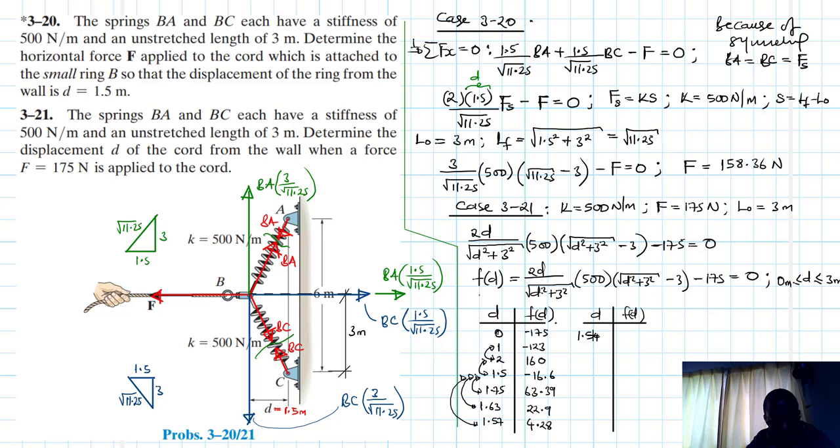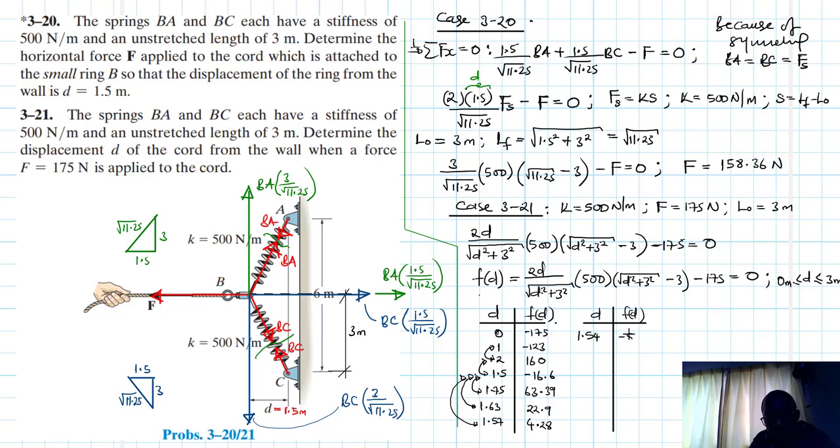So 1.54 squared plus 3 squared is 11.37. 1.54 divided by root of 11.37 times 500 times root of 11.37 minus 3 and then minus 175.